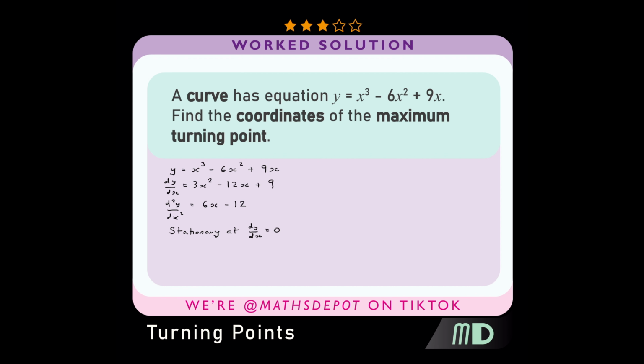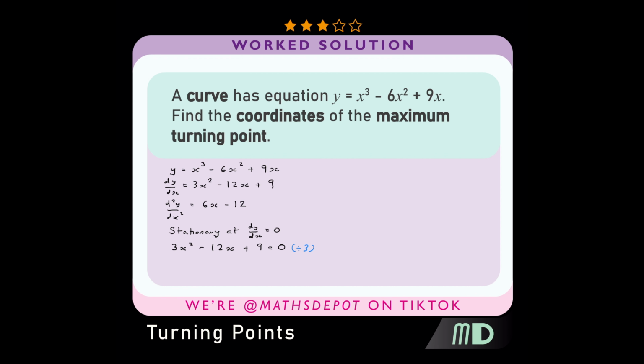So, 3x squared minus 12x plus 9 is equal to 0. This is a quadratic that we can factorize into two brackets, but we can divide by 3 first because 3 is a factor of every term.